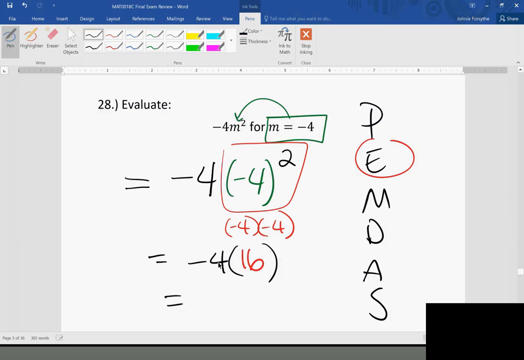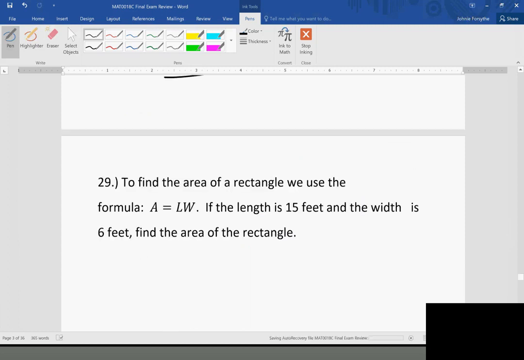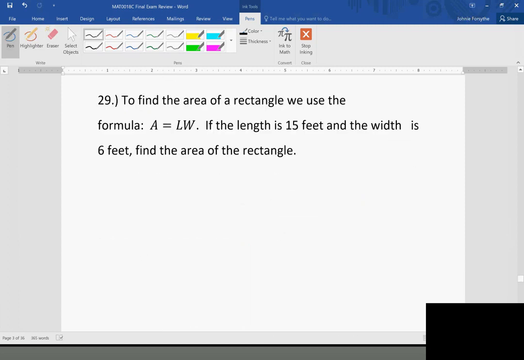And now, negative 4 times 16, I'm multiplying different signs. I'm going to have a negative, and then I want to take 16 times 4. 6 times 4 is 24, carry the 2. 4 times 1 is 4, plus 2 is 6, so the answer is going to be negative 64.